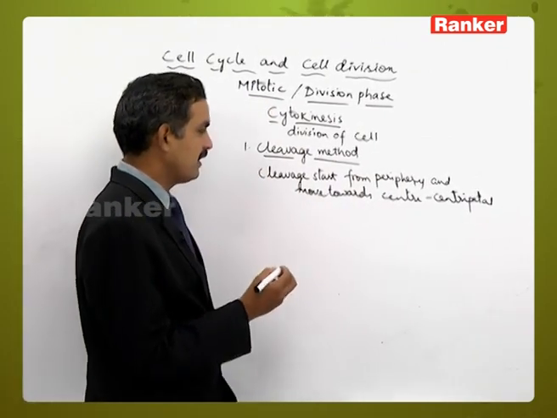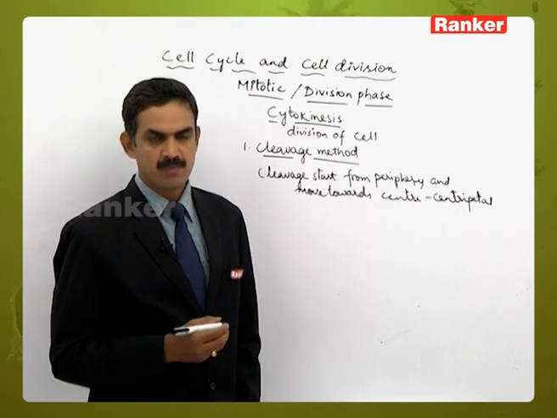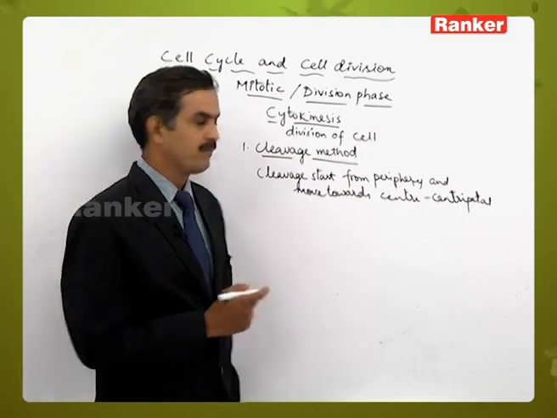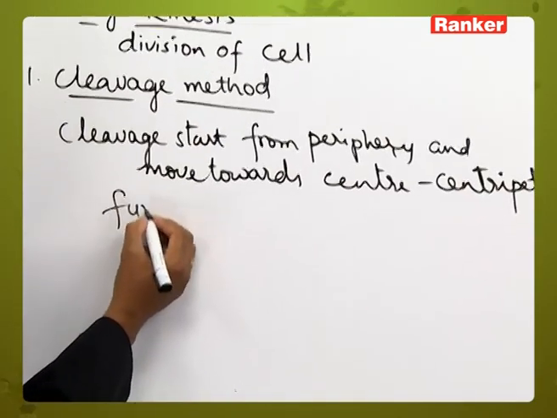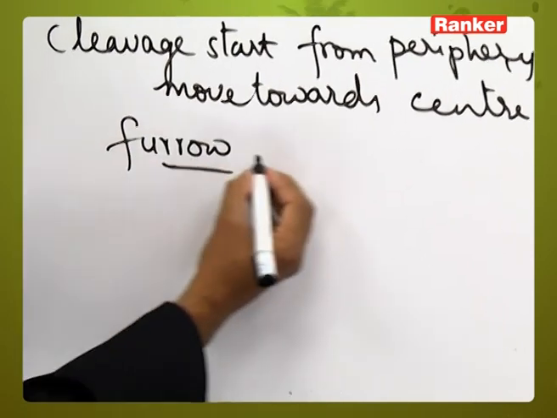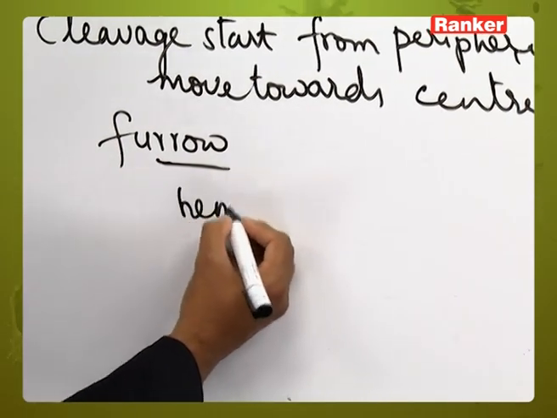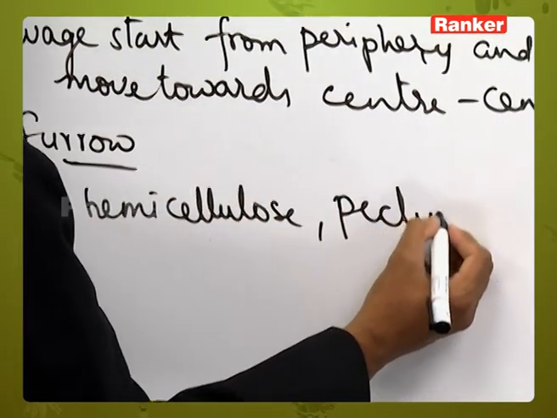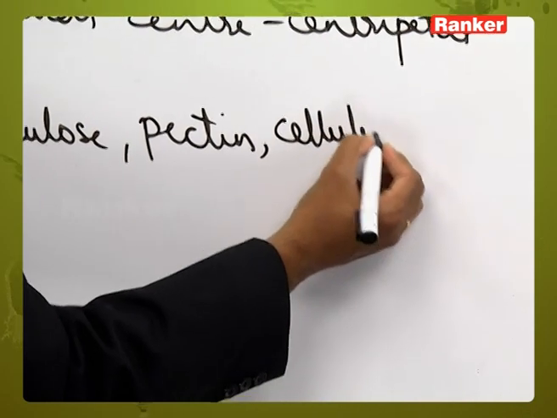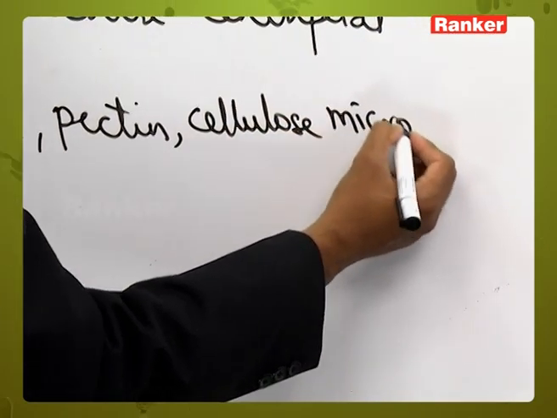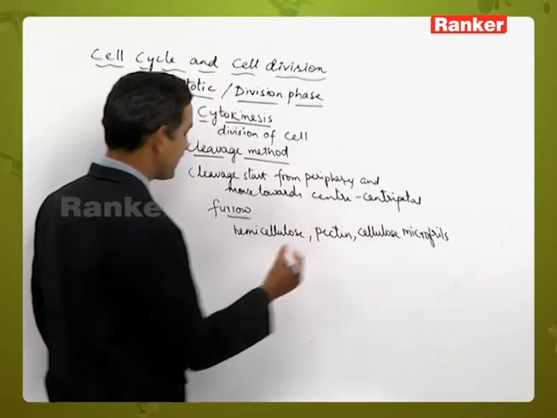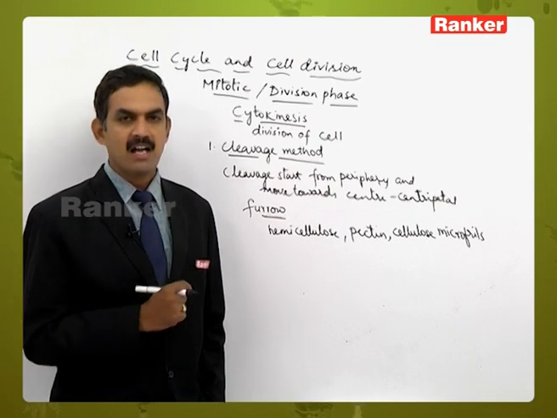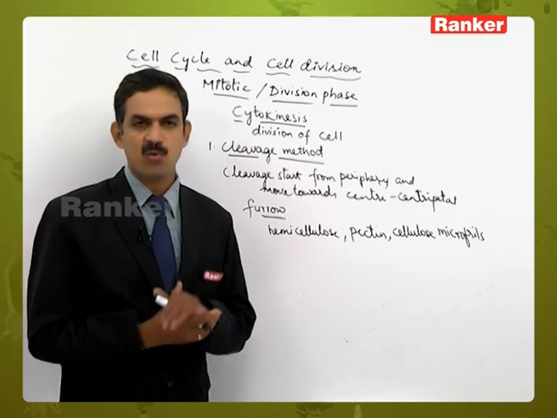After that, the cytoplasmic or protoplasmic content is divided into 2 equal parts. Then into the furrow-like structure that is formed, hemicellulose, pectin and cellulose microfibrils, all these materials will fill in, which will solidify and convert it into a complete cell wall-like structure.